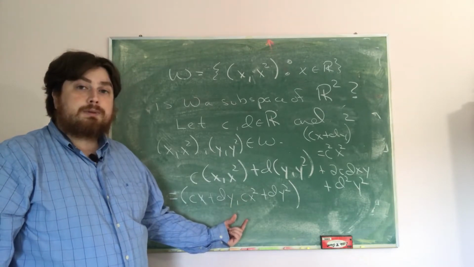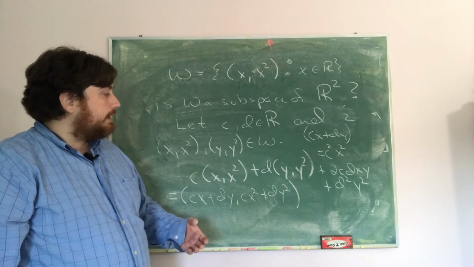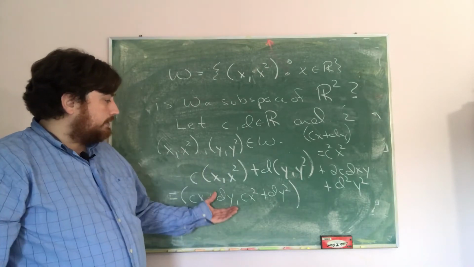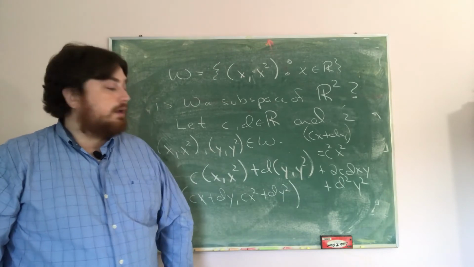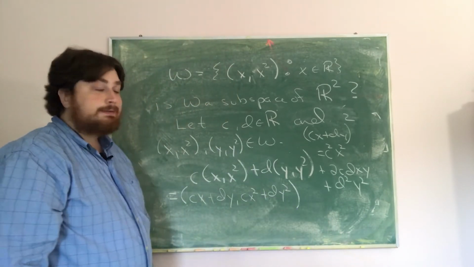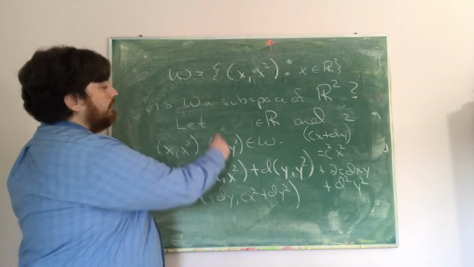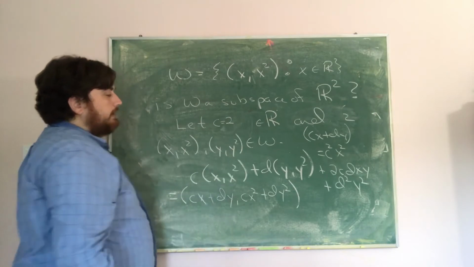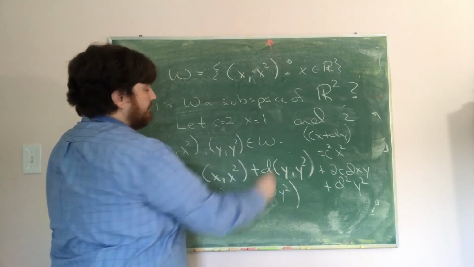So now if I want to show this is true, what I have to do is actually find an example and show that these two things aren't always equal. So in particular, let's pick an easy example. Let's suppose that c is 2. Then let's suppose that x is 1.